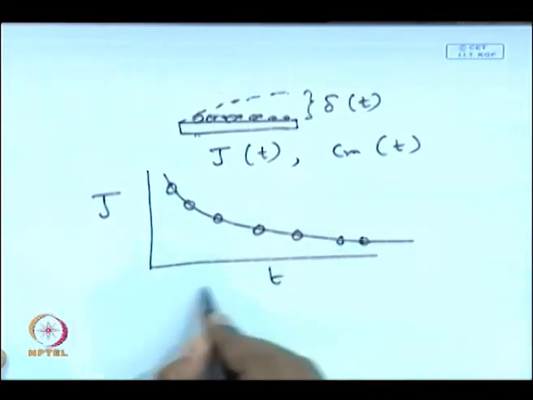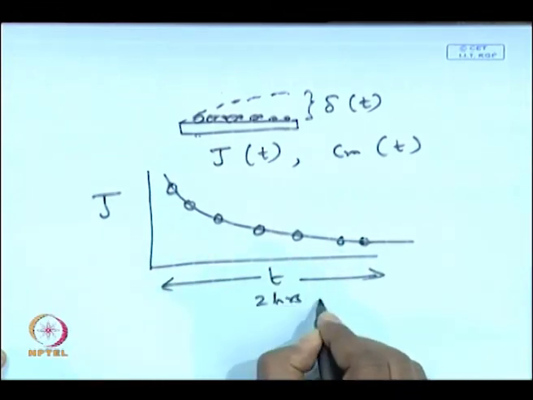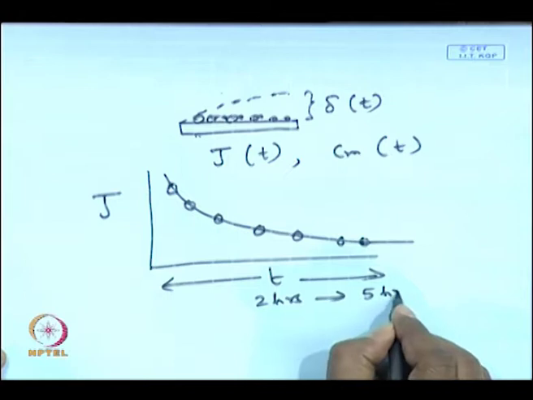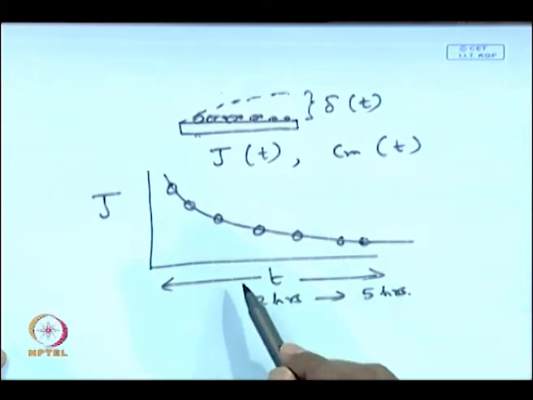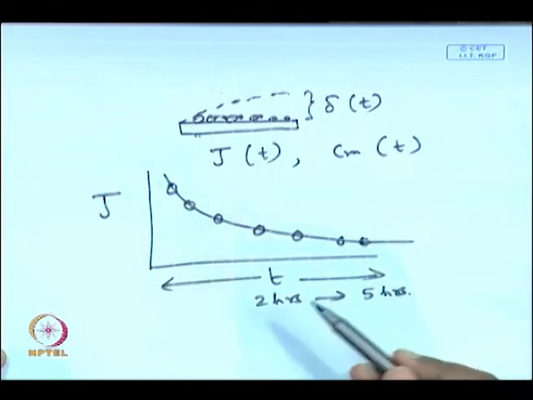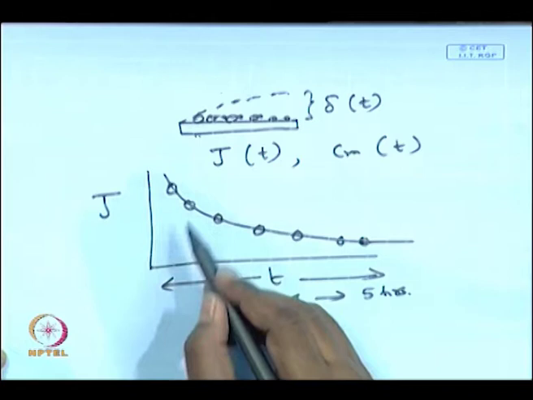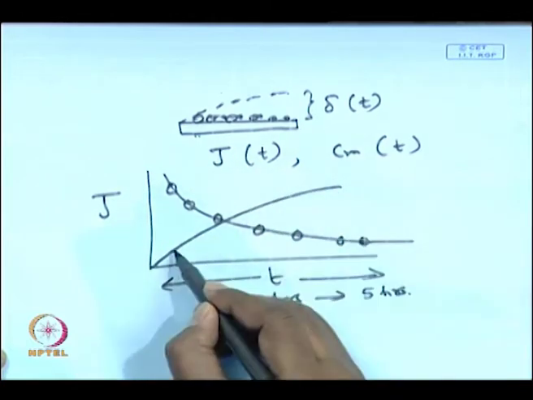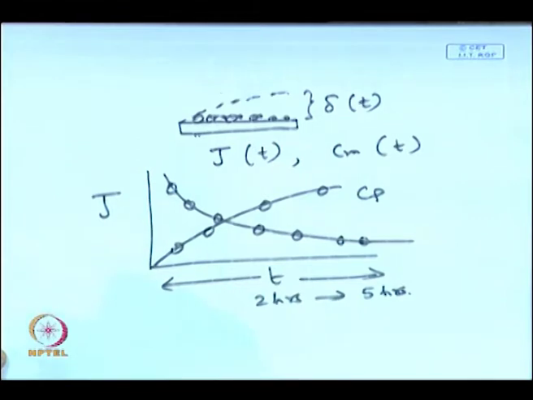You can conduct these experiments for 2 hours, or for 5 hours. Every 10 minutes, or 5 minutes, or 15 minutes, it is up to you, you can take measurements. So you can get the permeate flux and permeate concentration data. This is Cp as a function of time. So you can collect as many data as possible.